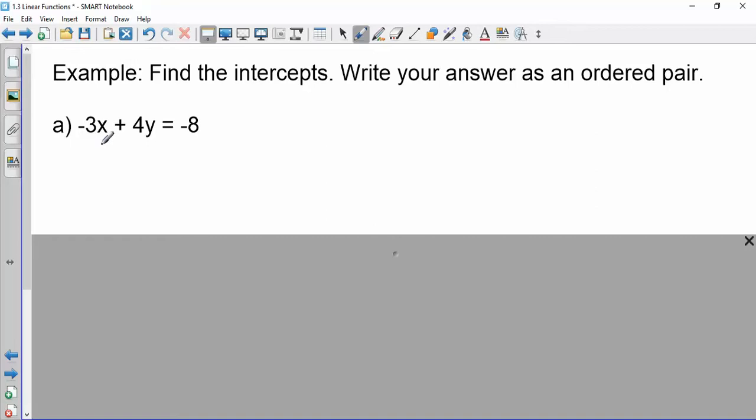So for this equation, if I want the x-intercept, what do you do? Cover up the y, or you're just plugging in a 0 for the y. So you get -3x equals -8. Divide by -3, so x is 8/3.